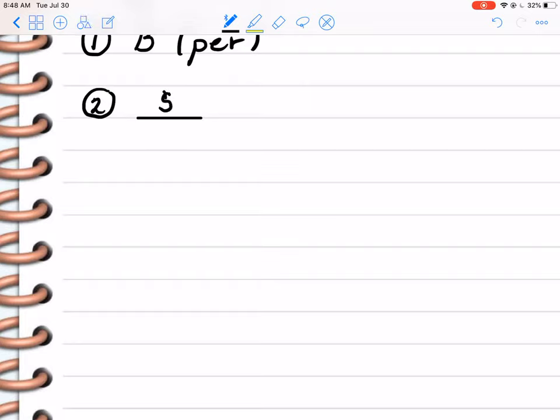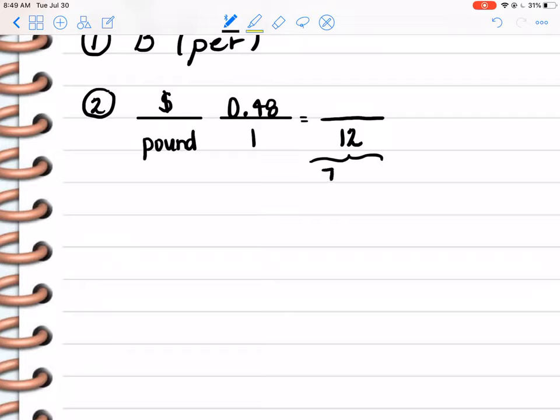So dollars per pounds, and 48 cents goes with 1 pound of screws. So maybe you're doing construction at your house. And you need to buy how many pounds? Well, we need 12 because we need 7 and 5. That's 12 pounds needed.